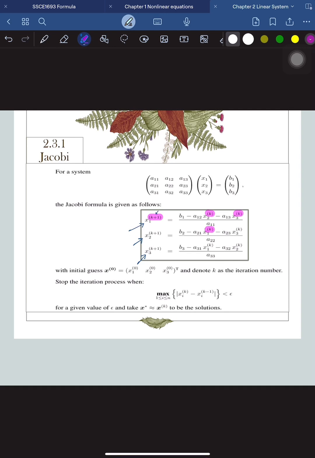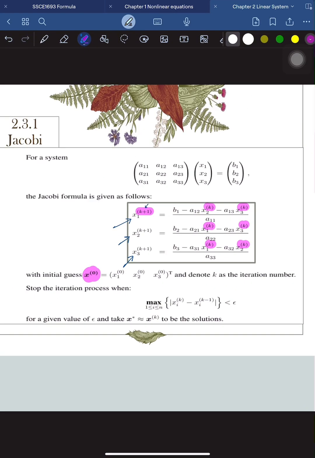This is for the Jacobi with the initial guess. The initial guess will be given, and then we calculate until we get the stopping criteria.